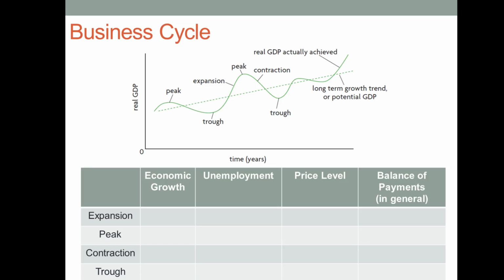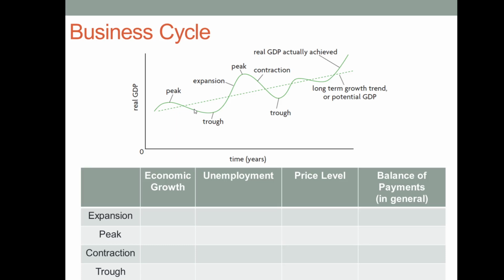So you can see, because aggregate demand is increasing, we have economic growth. So you can make an implication: when this curve is moving upwards, it means that the aggregate demand is increasing as well. In other words, when it is going down, the aggregate demand is going down.